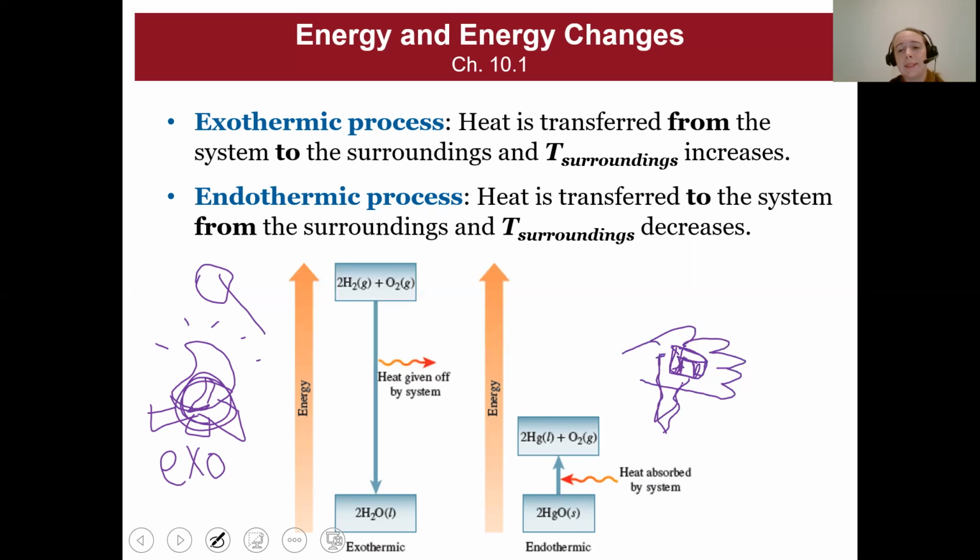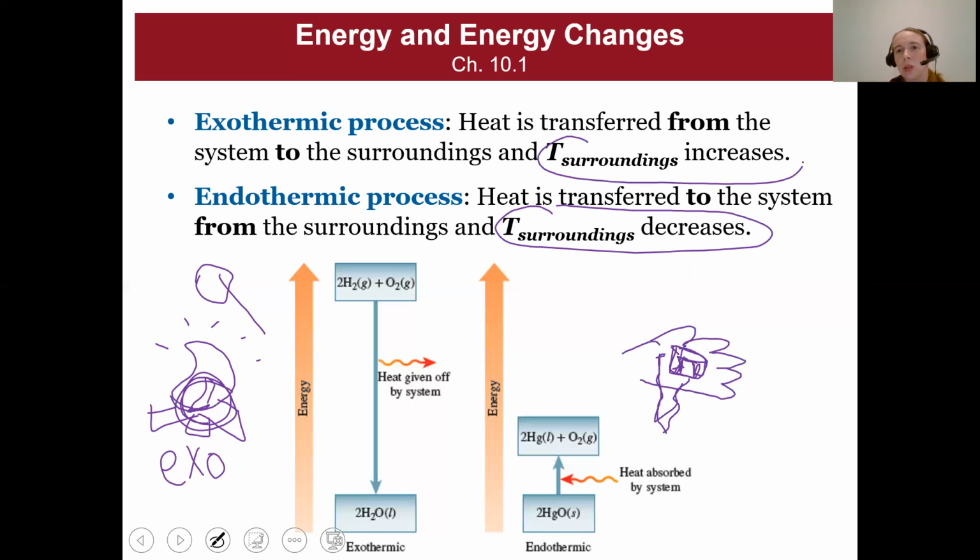So when you hold the ice in your hand, like we said on our first slide, the ice is melting. So it's absorbing heat from your hand in order to melt. So the ice is our system. It is absorbing heat from your hand. Your hand is the surroundings in this case, and the temperature of the surroundings decreases. If you're holding an ice cube, your hand is going to get cold.